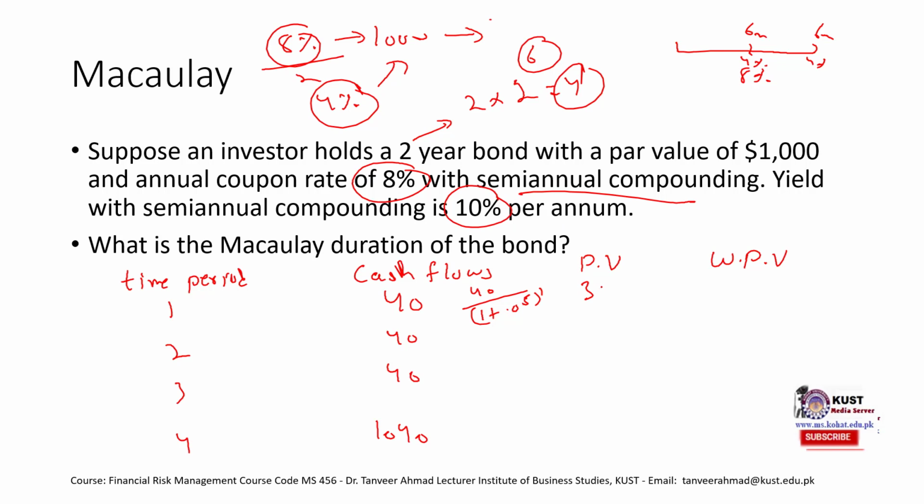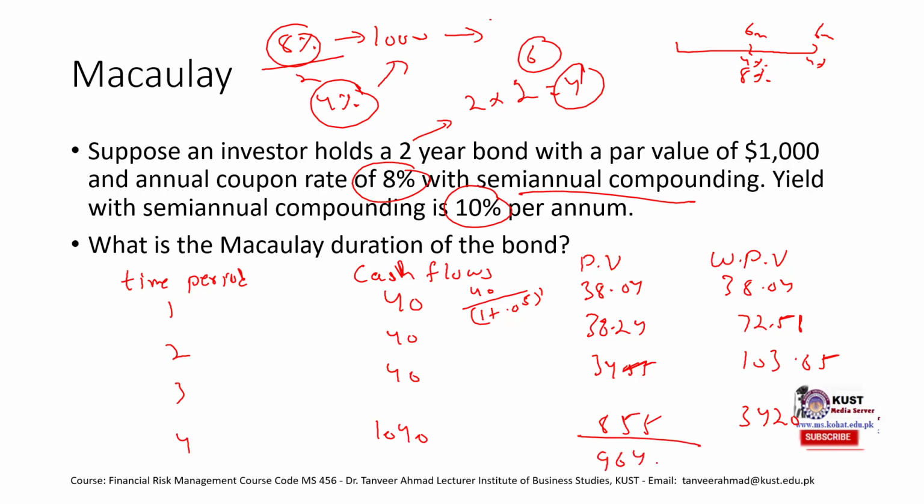It would be 38.04, 36.24, 34.55, and then if you multiply this with time, then we would have these values. If we sum them up, then we get the totals, and let's find the Macaulay duration.